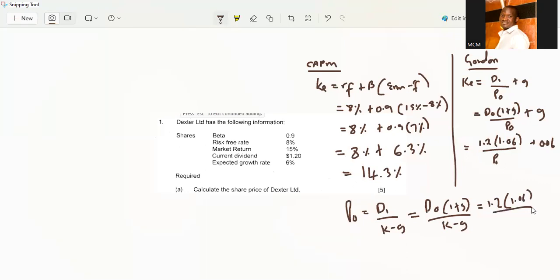Then our K market rate is what? 15%, 0.15. And our growth rate is 6%, 0.06. So when you compute that, our P0, therefore, will become 15.31.